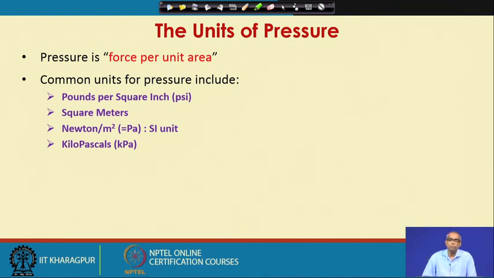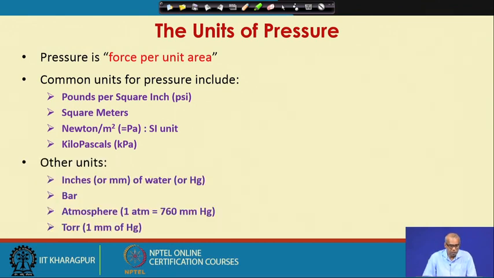pounds per square inch, which is briefly known as PSI, and Newton per meter square, which is Pascal, the SI unit of pressure. You may also have kilopascals. 1 kilopascal is equal to 1000 pascals.